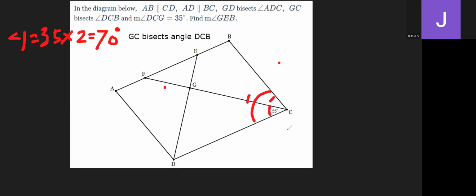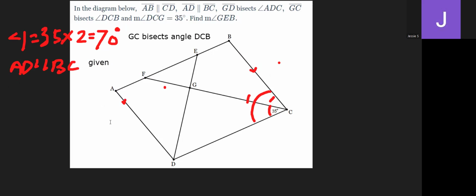Then we know that these 2 line segments are parallel, given that AD is parallel to BC. Remember, this information is given to us. We did not make it up. When that information is given to us, what can we do with it?